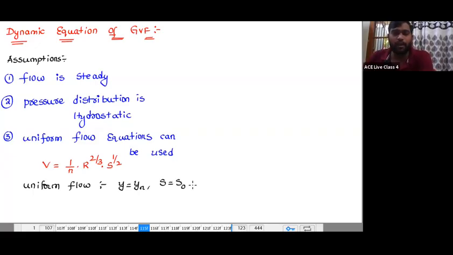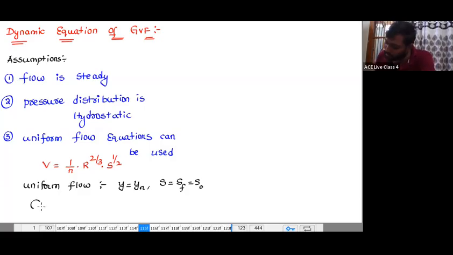In uniform flow, the flow depth is constant at the normal depth and the bed slope is parallel, because the total energy line is parallel to the channel bed. So SF is equal to S naught.